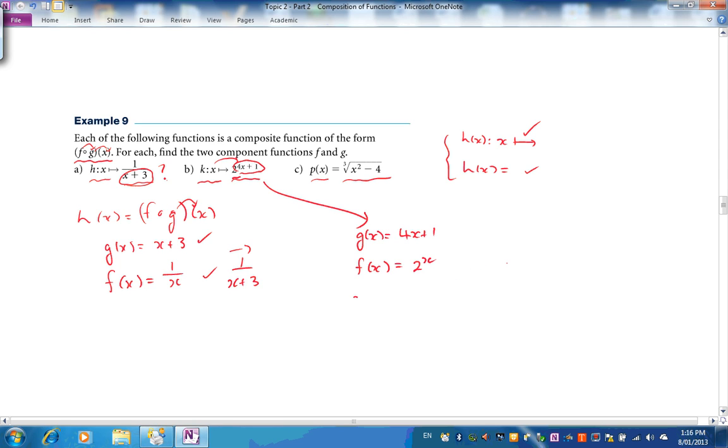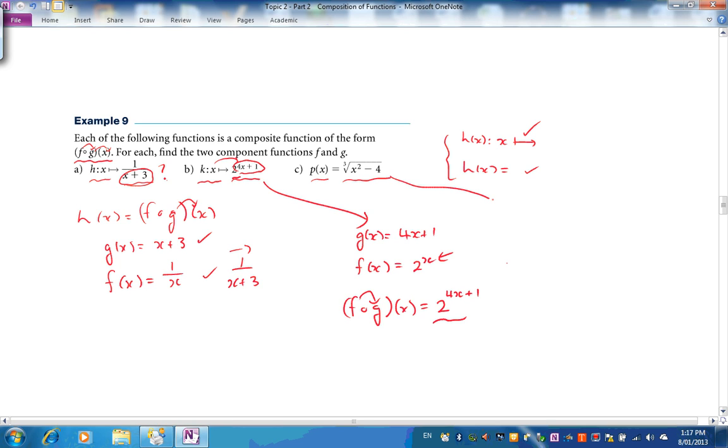Let's just check that one. F operated on g of x would mean that f has to operate on g, so instead of 2 to the x, it'll be 2 to the 4x plus 1. A few different ways of thinking about that.